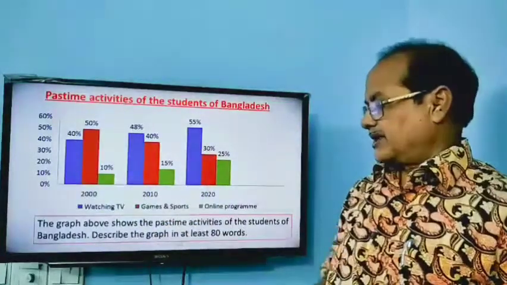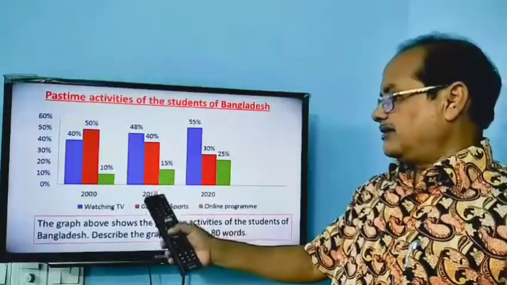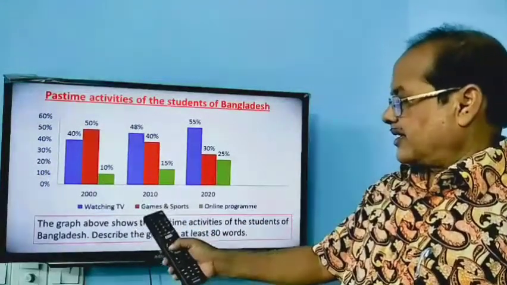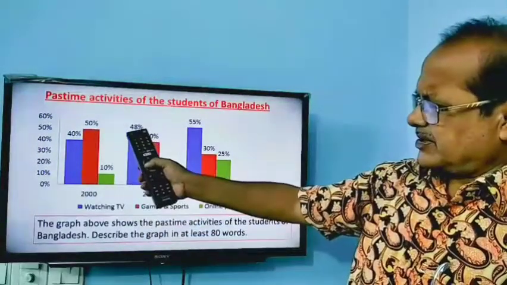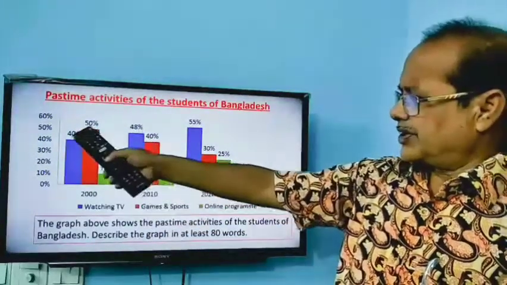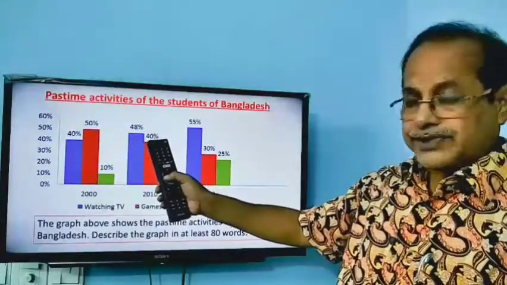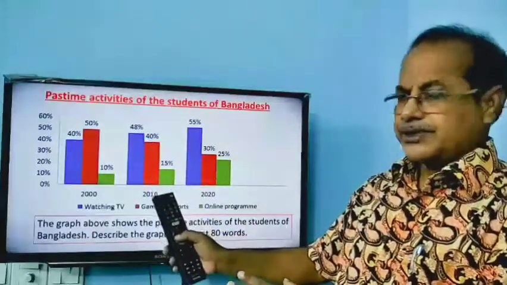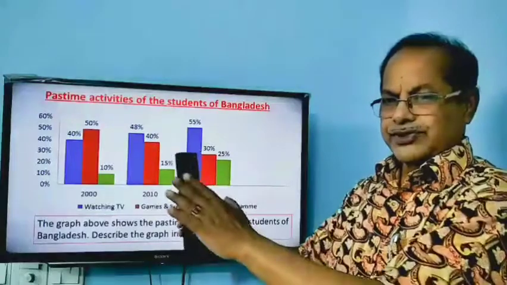This is the scenario in 2000, but the scenario changed in 2010. In this year, we see the number of students watching TV has increased to a small extent, that is 40 to 48, and the number of games and sports, that is outdoor games and sports, has decreased because students are very averse to going outside.